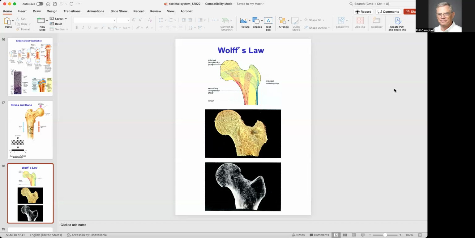All right. Now, remember, your bone is being remodeled throughout your lifetime. It's responding to changes in physical forces, i.e. stresses being applied. Right? When you are under greater stresses, say you're exercising, your bones will adapt to resist those stresses.